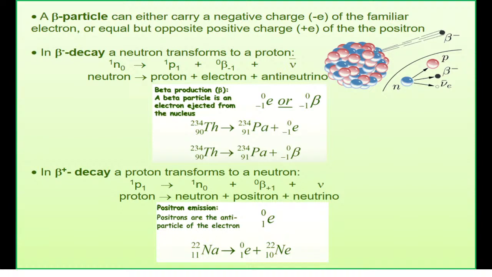In beta positron decay, a proton transforms to a neutron. And these are the reactions of beta electron and beta positron decays.